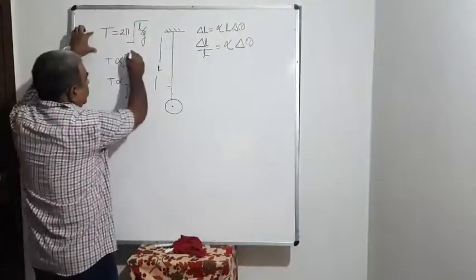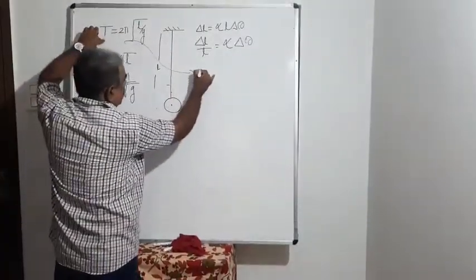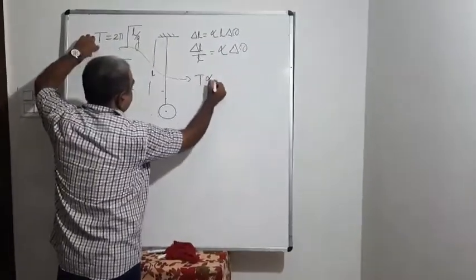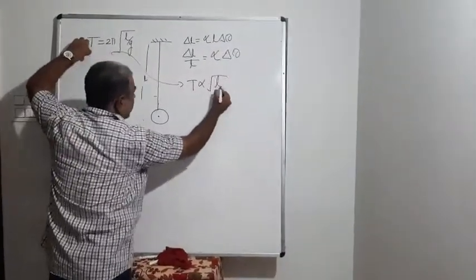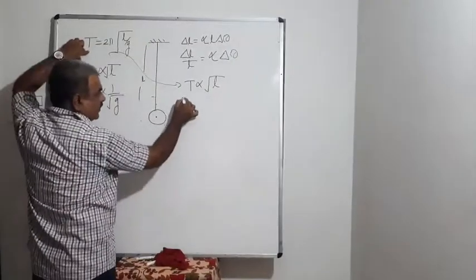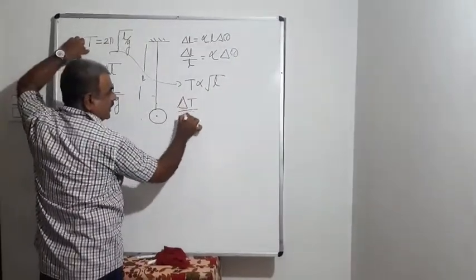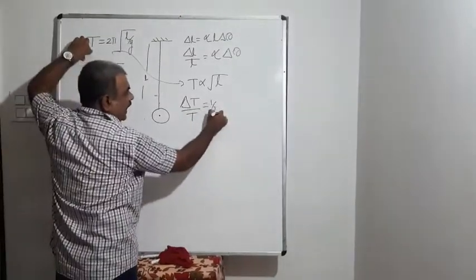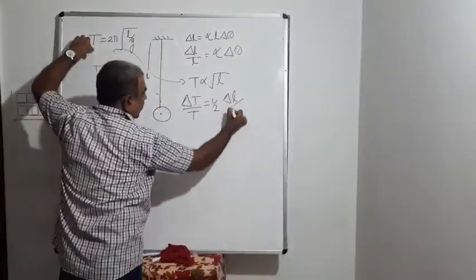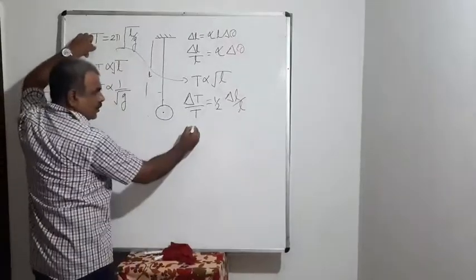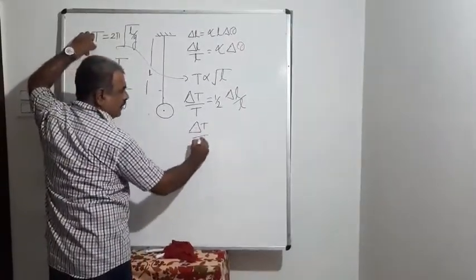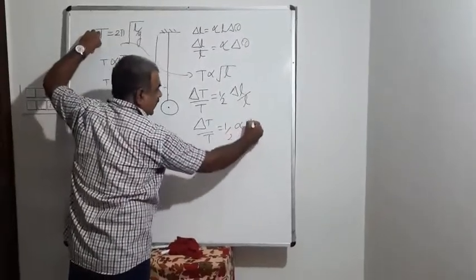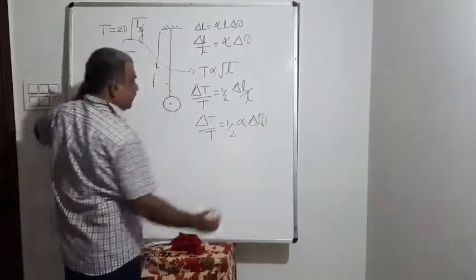Now see this, club with this one. T is proportional to root of L or L raised to half. That's why fractional change in T, delta T by T, will be half of delta L by L, which is half of alpha delta theta.